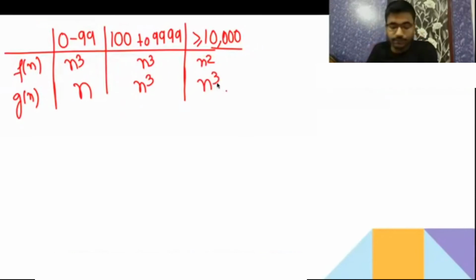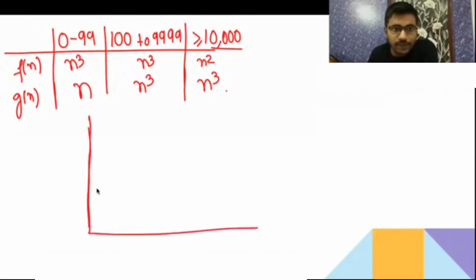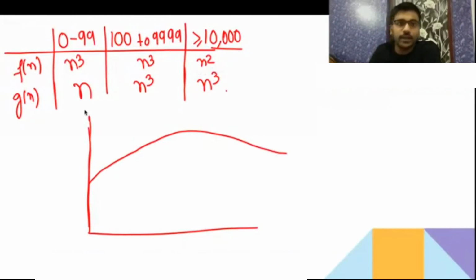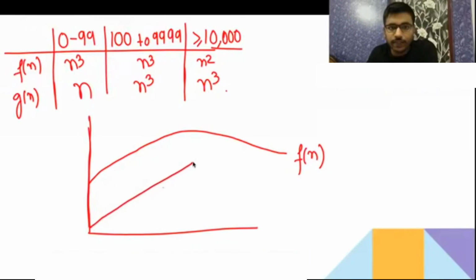Gn is n cube. It means that the function Fn was in the beginning like this, like this, then it decreased, it's n square. And Gn is like first n, then n cube. So after which value does it become greater?